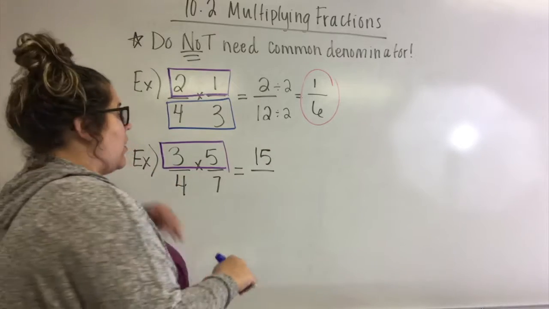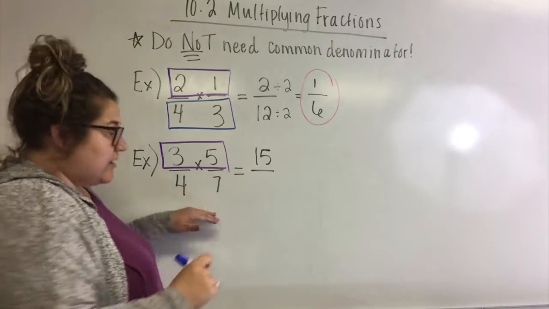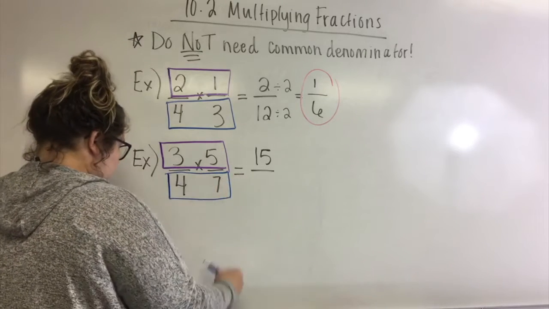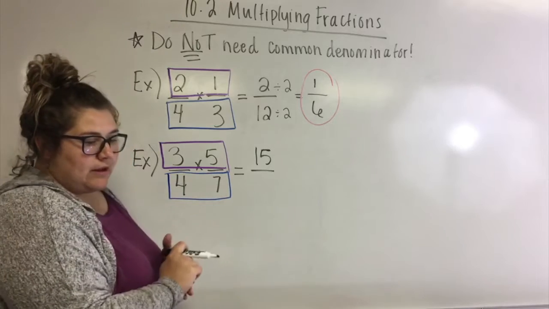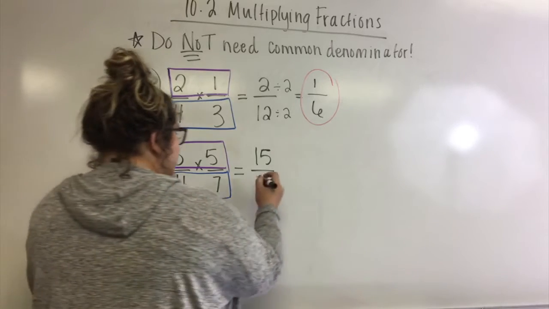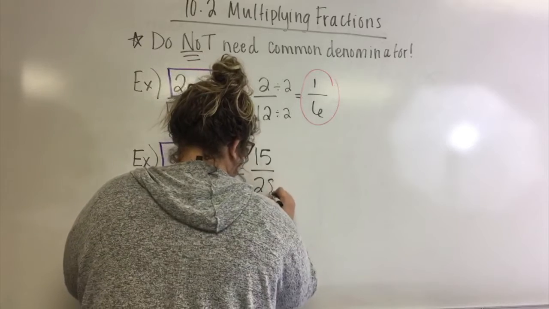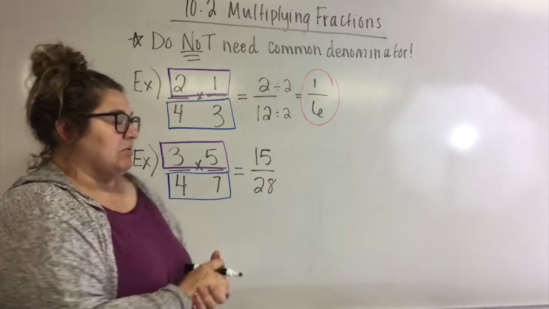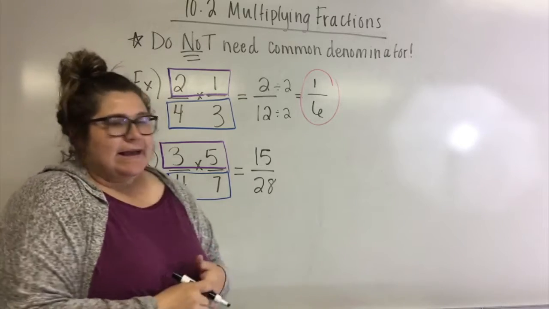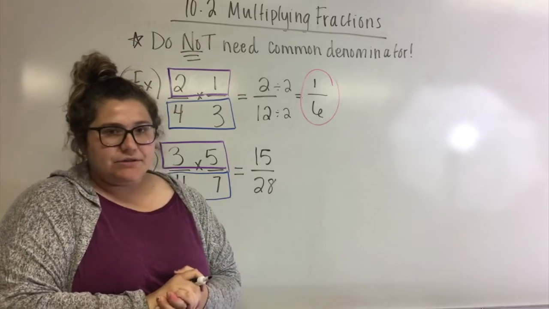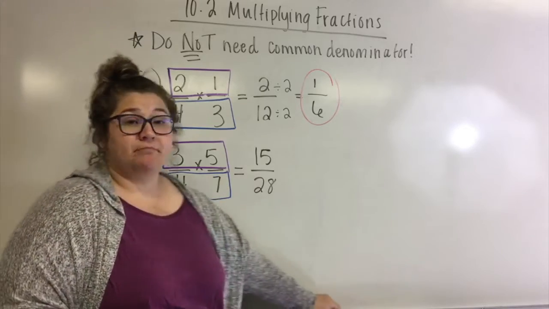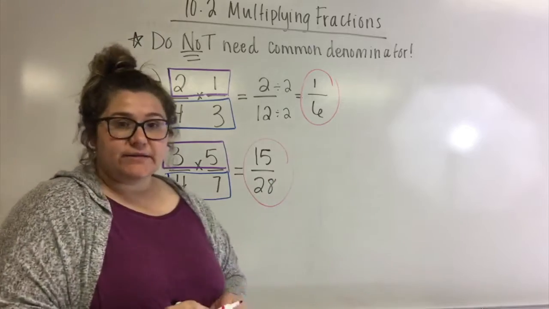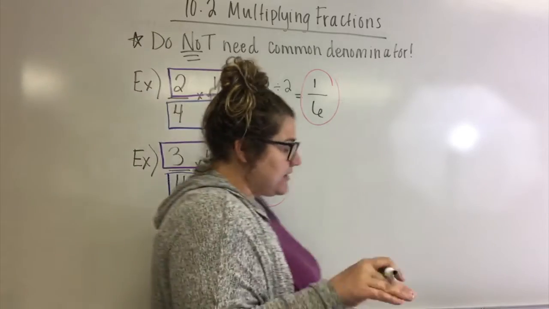Second step, we multiply the denominators straight across. 4 times 7 is 28. Now, this example, this fraction, it can't get simplified. It can't get reduced. So, guess what? This is our answer.